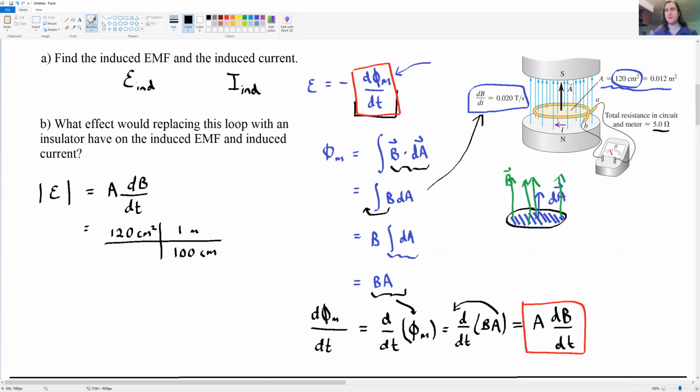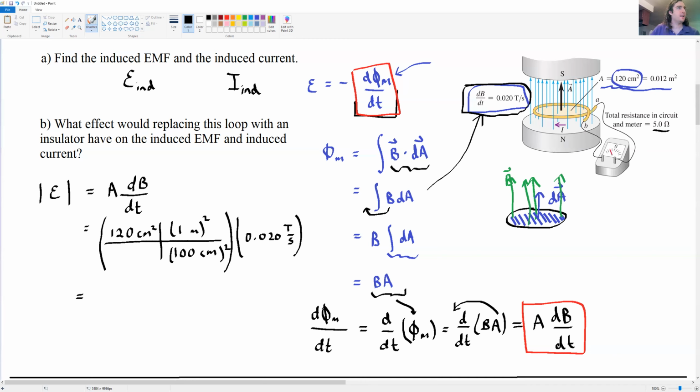But we have centimeters squared here, so we better square this thing. Okay, and then that's our conversion there, times dB/dt, which is given to us over here, 0.020 Tesla per second. And ultimately what this is going to work out to, Tesla meter squared per second, is a volt for units.